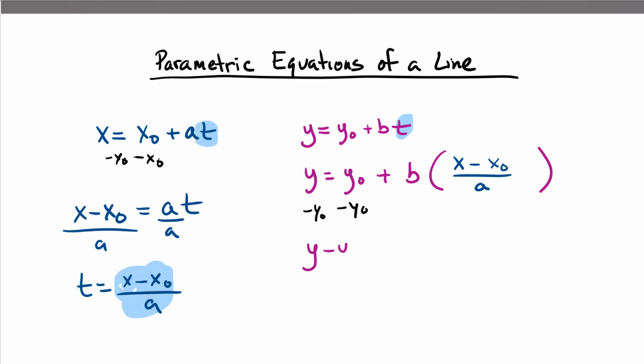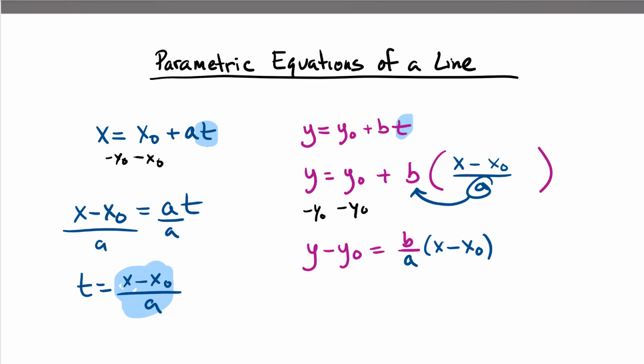Now, can I take this a and move it right here? So we end up with b over a, and then we're left with x minus x naught. Do you recognize that?